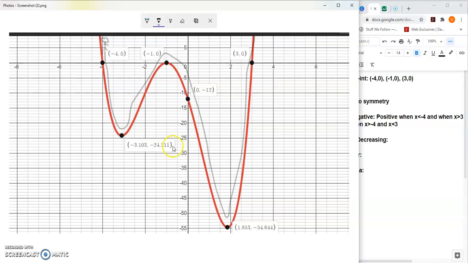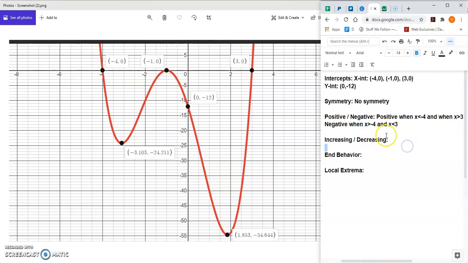So let's see if we can describe that again in terms of x's. It looks like it's decreasing when x is less than, all the way from the left up until x is about -3.